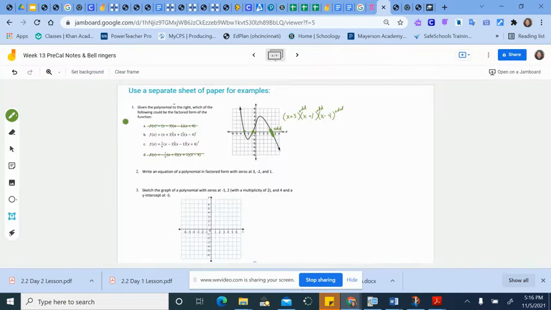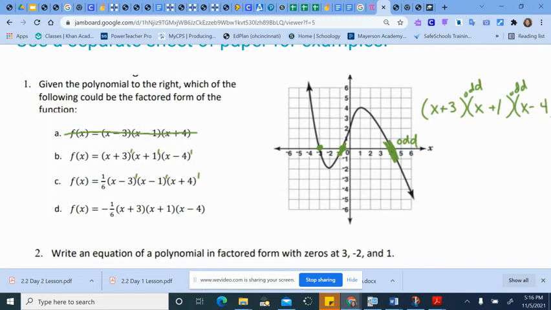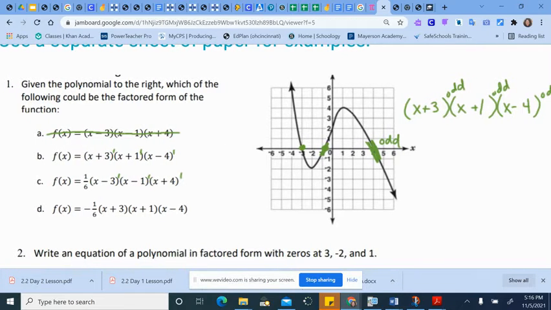Oh, I crossed out the wrong one. My bad, hang on. I make mistakes, I'm human. Okay, plus 3, plus 1, minus 4. So that one does not work. These exponents are odd, but let's see which one will work.